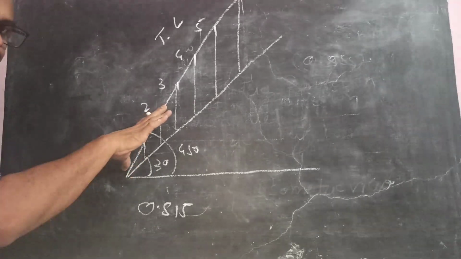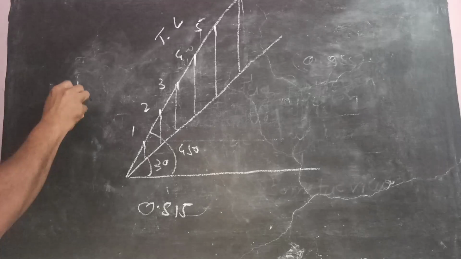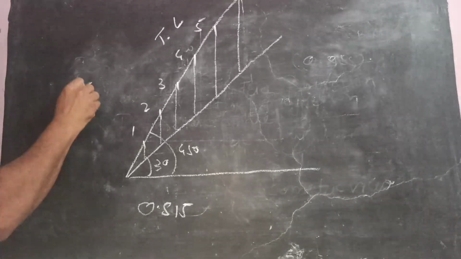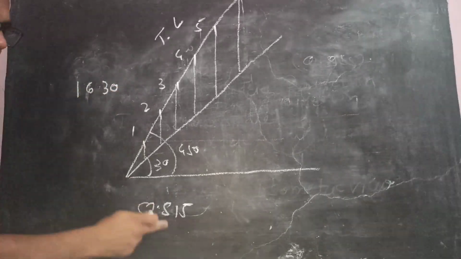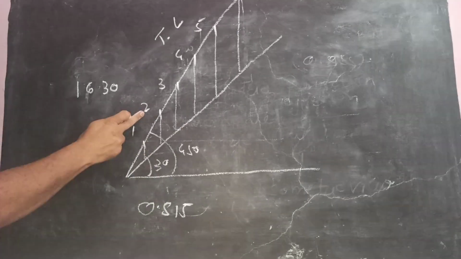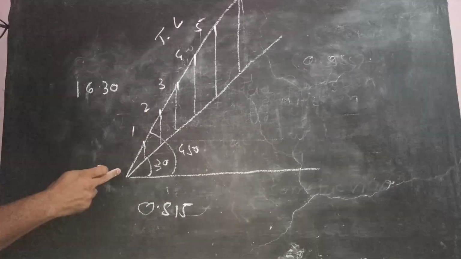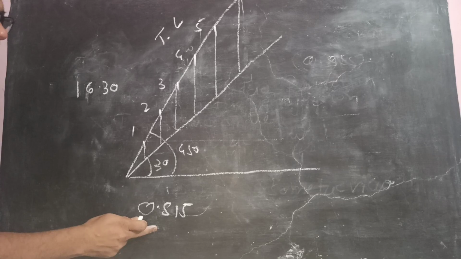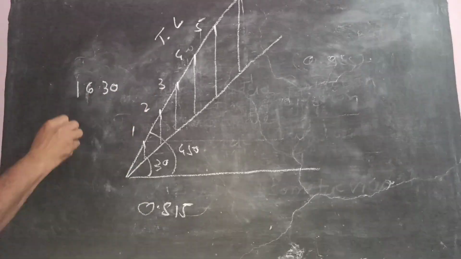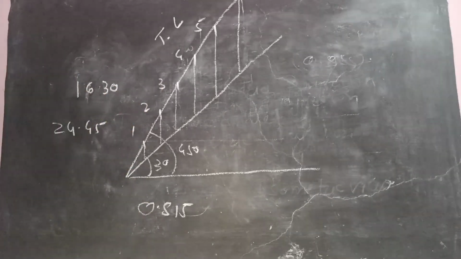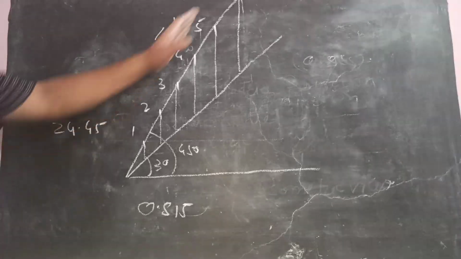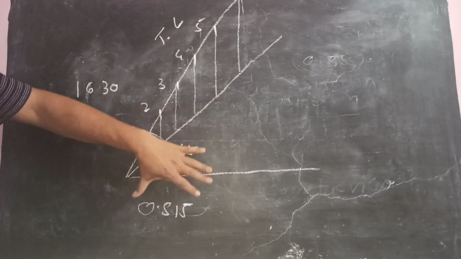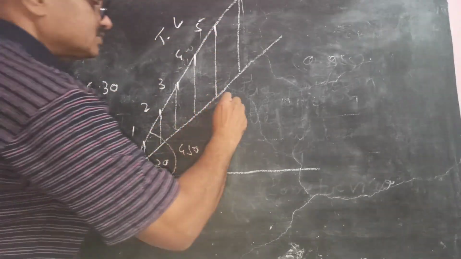If it is 2, then this is 1.630, why? 0.815 multiplied by 2. If it is 3, then 3 multiplied by 0.815, so it becomes 2.445. So in this manner, these true lengths are to be reduced to the isometric lengths.